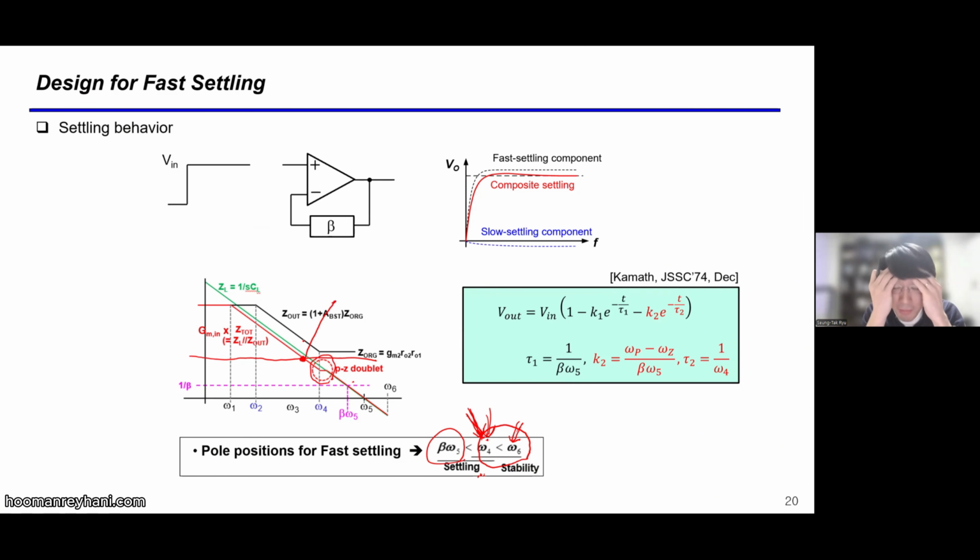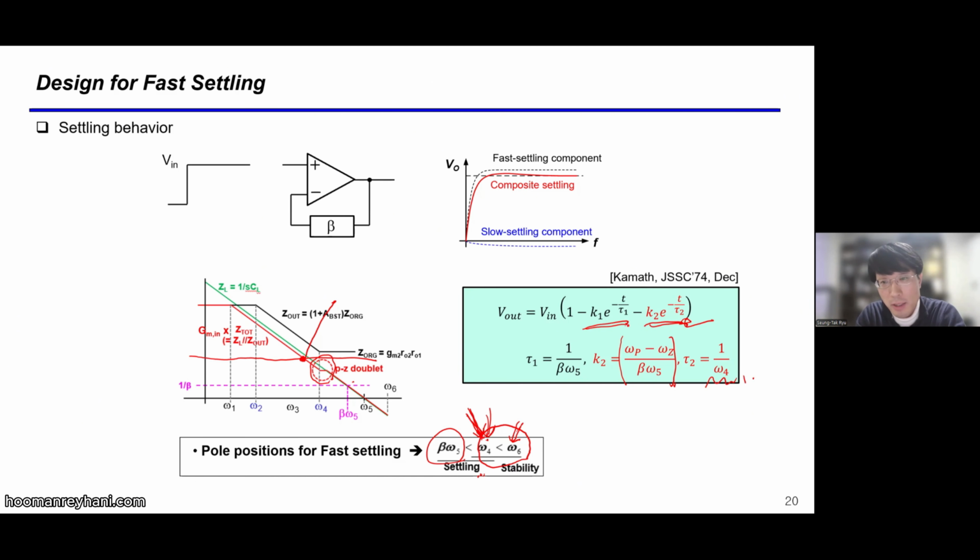So last time I got one question: even though the settling time constant is determined by the pole frequency of the pole zero doublet, why are we still affected by the zero frequency? I couldn't answer that, sorry about that. But if you see the equation, I missed this point. Time constant is still determined by the pole frequency of the pole zero doublet. This is the unwanted settling time component.